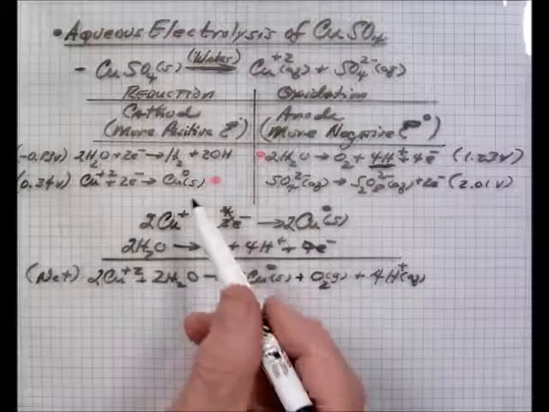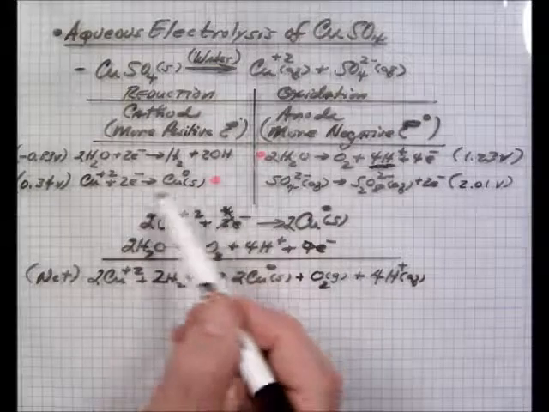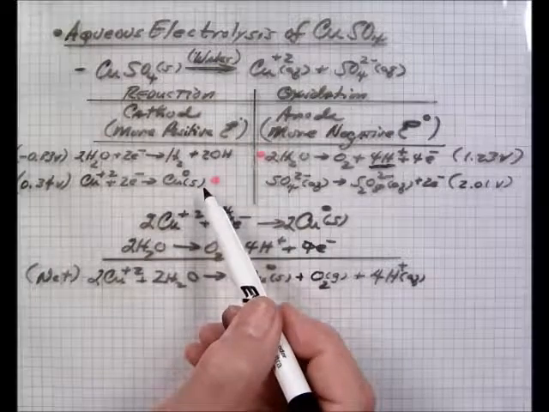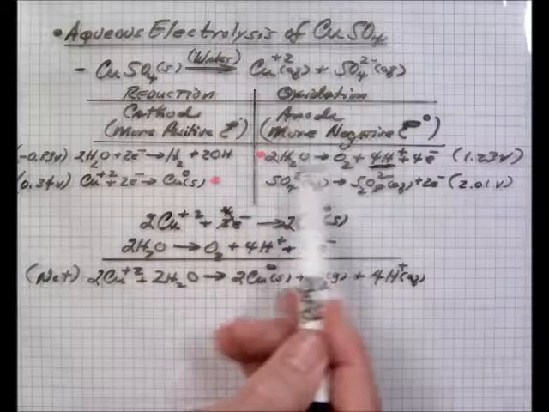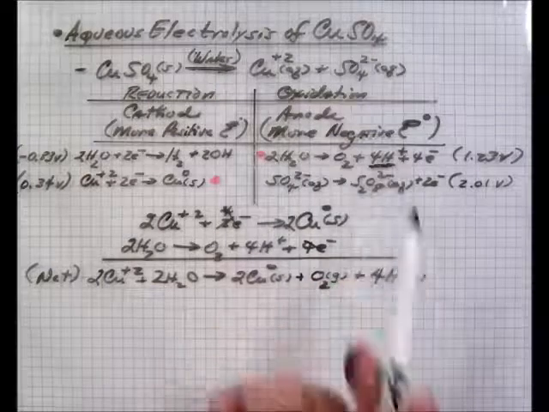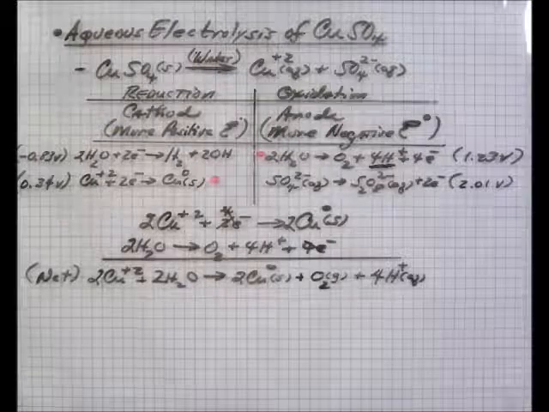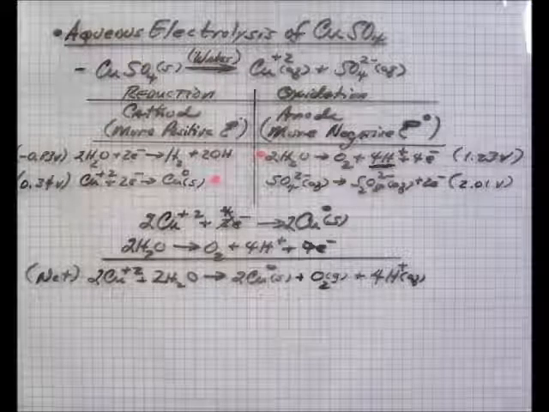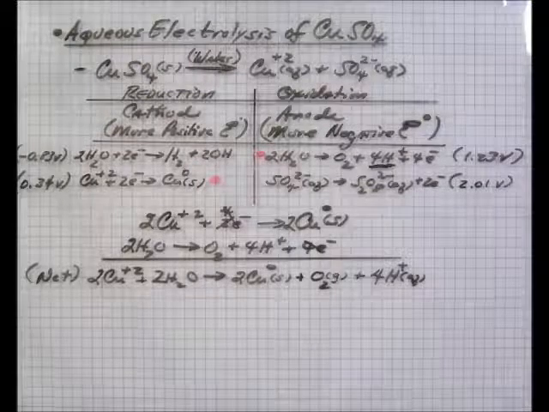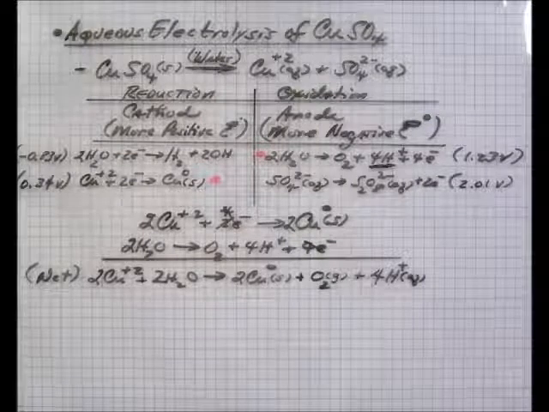So here we have the metal ion of the salt dominating, but at the other electrode, the anode, we find water will dominate. Well, in the next one, the copper bromide, we'll look at that, and we'll find both ions of the salt will dominate.